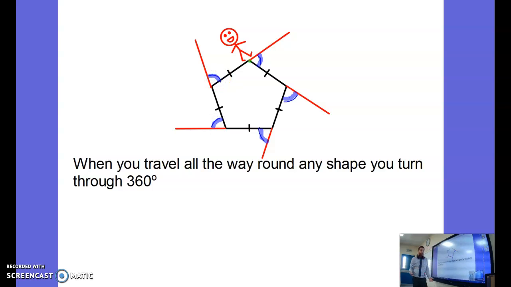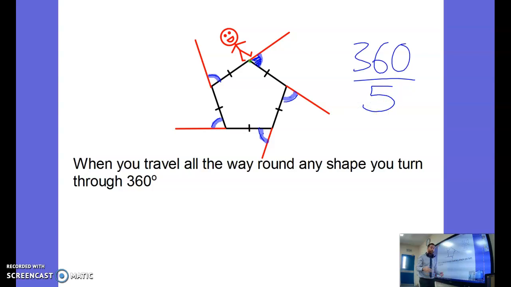All the exterior angles are the same. So to calculate one exterior angle, I've turned 360 degrees in 5 equal parts, so I just divide that by the number of sides. In this case, that's 5.